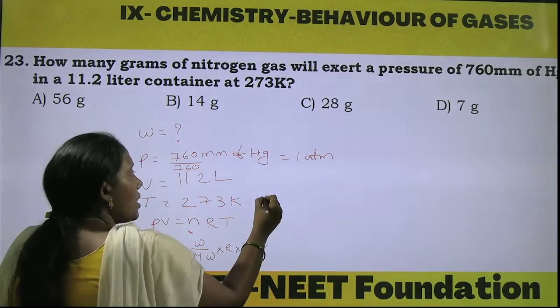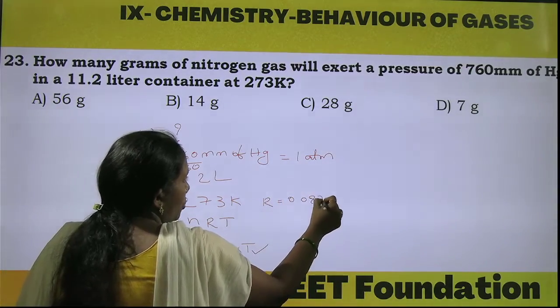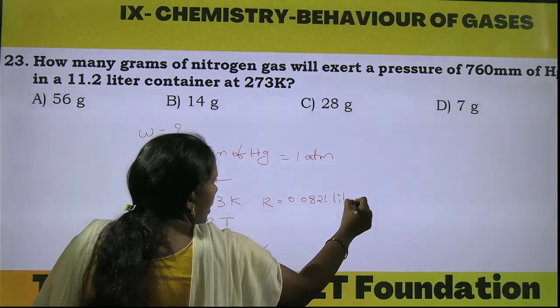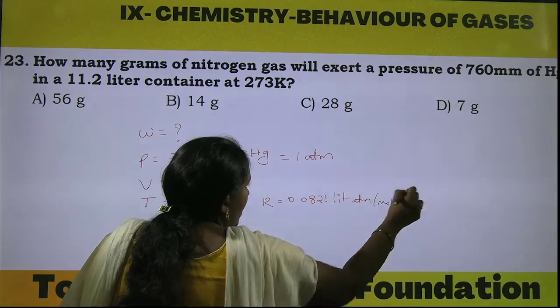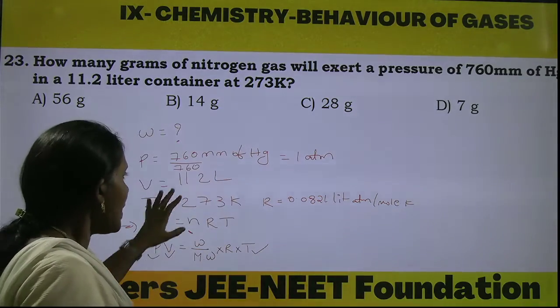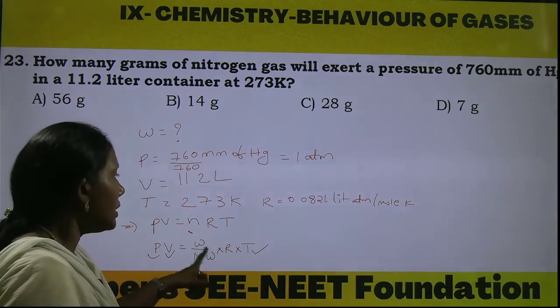So obviously the R value in liter atmospheres is 0.0821 liter atmosphere per mole per Kelvin. By substituting all these values here we will get the answer n.